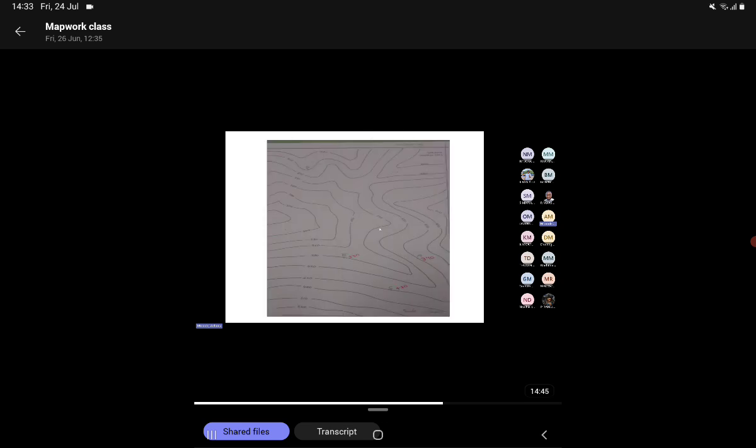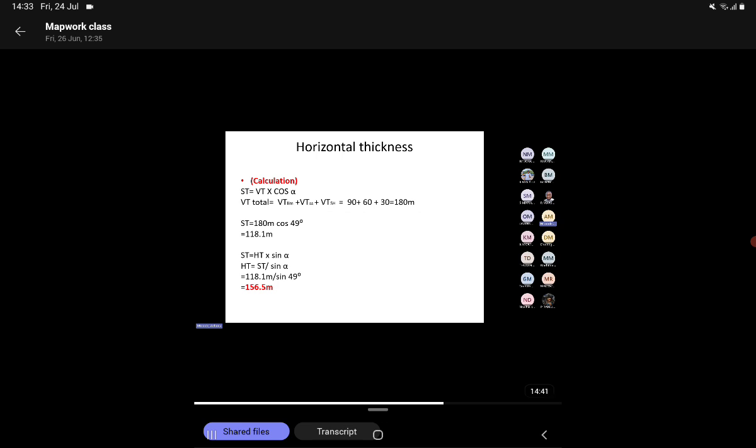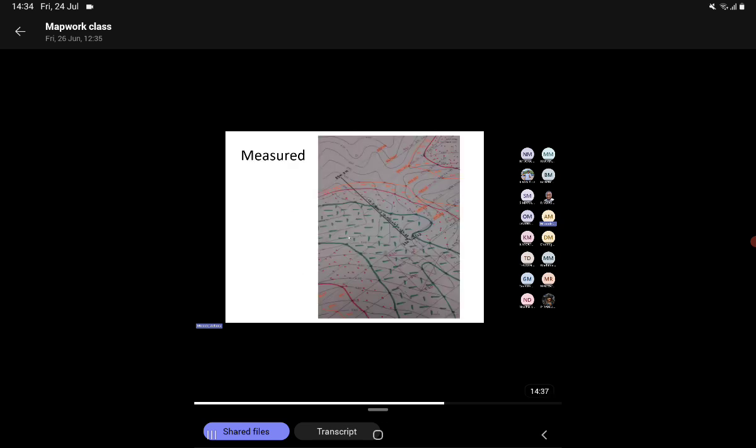Another way to get it, because they had said the horizontal thickness from limestone to shale, you can either calculate it or you can measure. For you, this is the calculated method. To measure, you take your original map that you produced, because they are working from the base, the lower contact of limestone, till the top of shale.